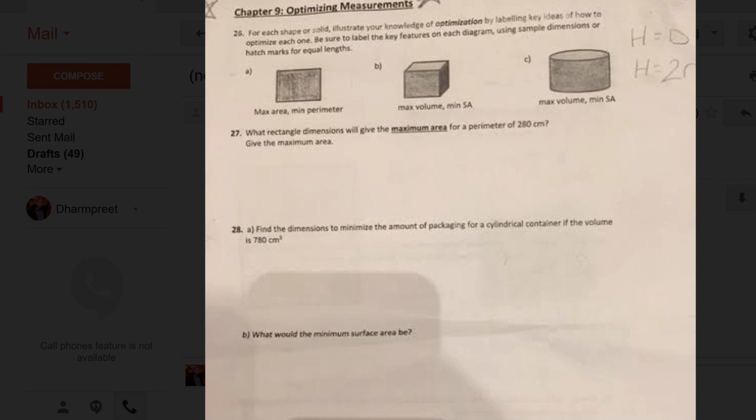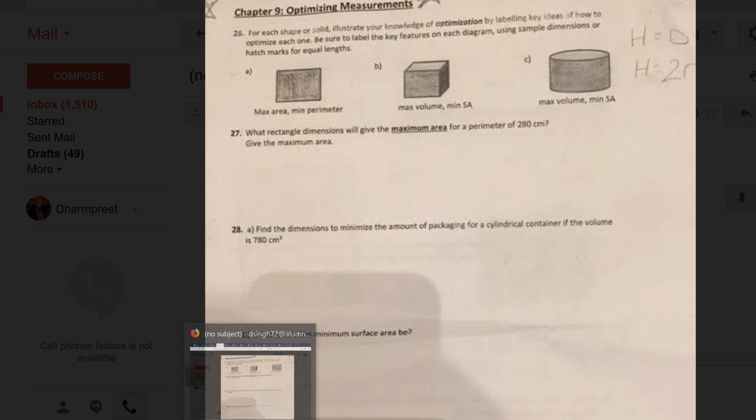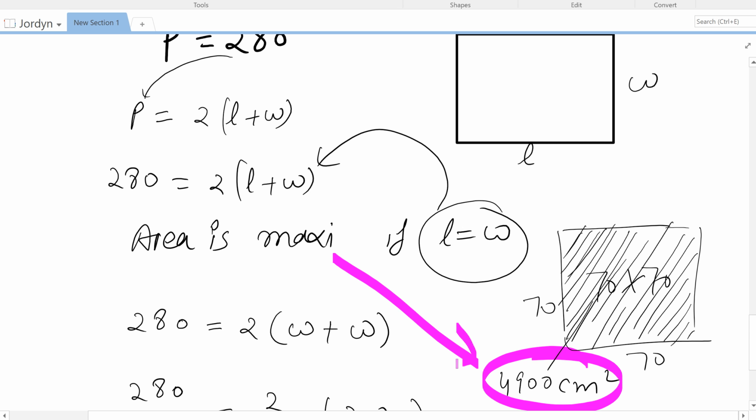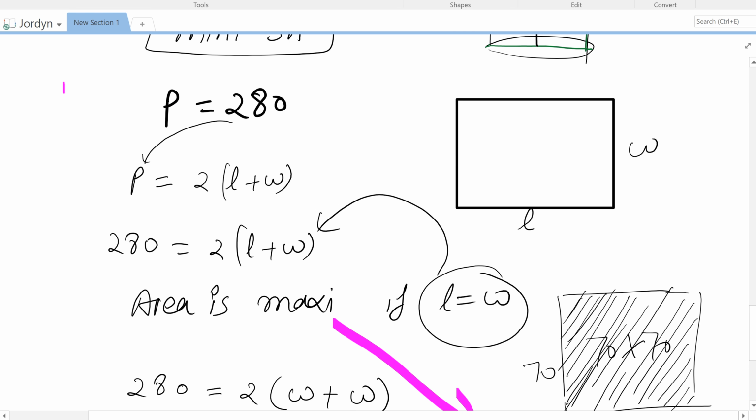We write centimeter squared because that is the area. So that is the maximum area of the rectangle with the limited fence. They gave you a limited fence, and you are designing a shape with maximum region. And this rectangle, which is known as a square, is going to have the maximum region or maximum area.